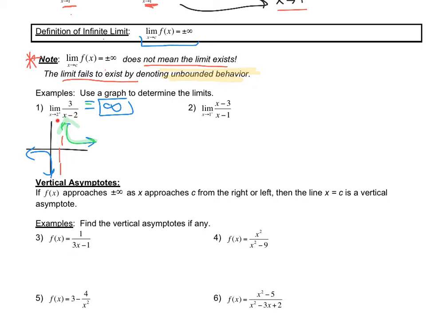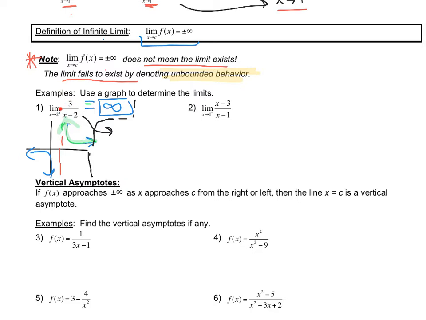But we can think about what happens with direct substitution as x approaches 2. So first of all, we can break this into 2 separate limits. We've got the limit of the numerator and the limit of the denominator. So the limit of 3 as x approaches 2 from the right.